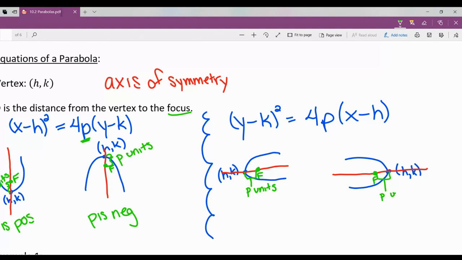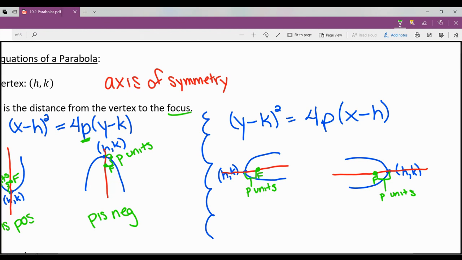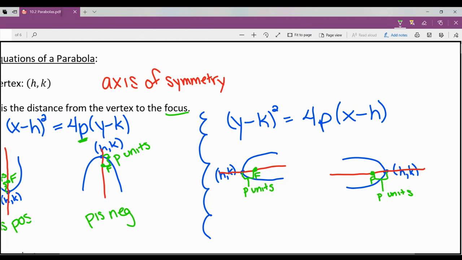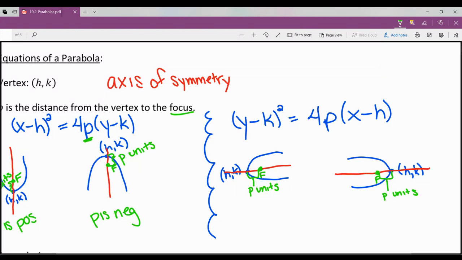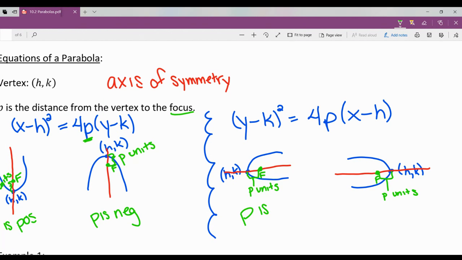That's p units away. All right, so if it's opening to the right, my p is positive. If it's opening to the left, my p is negative. Okay, so I'm probably going to reference this a couple of times.